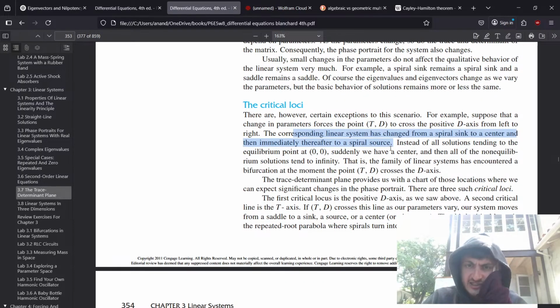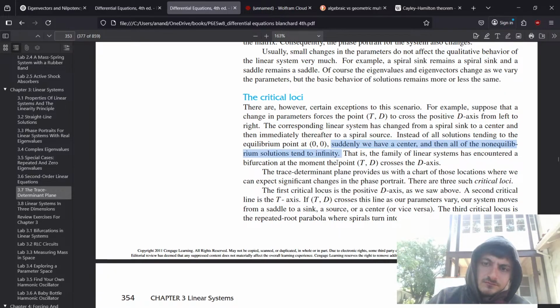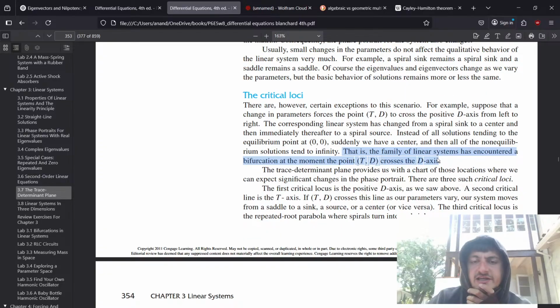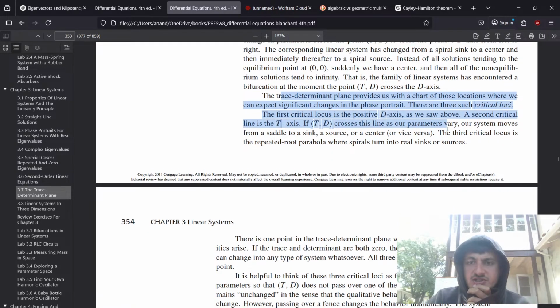Instead of all solutions tending to the equilibrium point at 0, 0, suddenly we have a center, and then all of the solutions tend to infinity. The family of linear systems has encountered a bifurcation. The trace-determinant plane provides us with a chart of those locations where we can expect significant changes in the phase portrait.